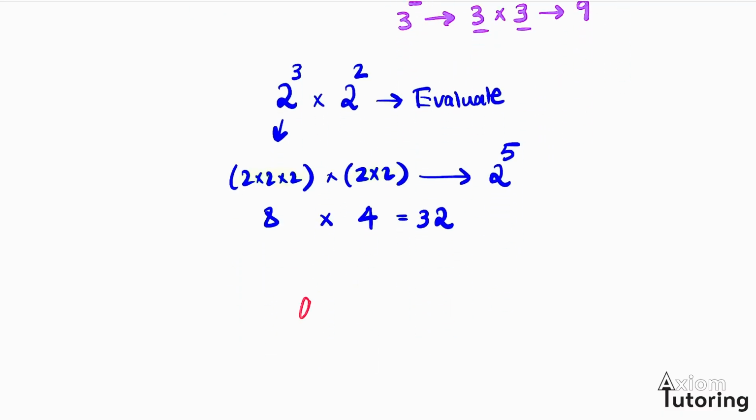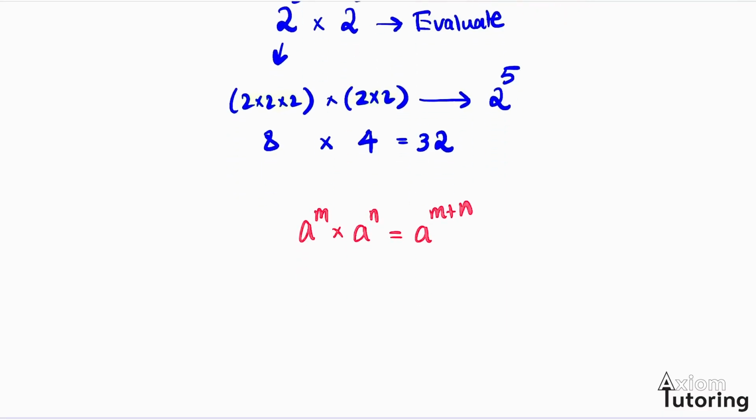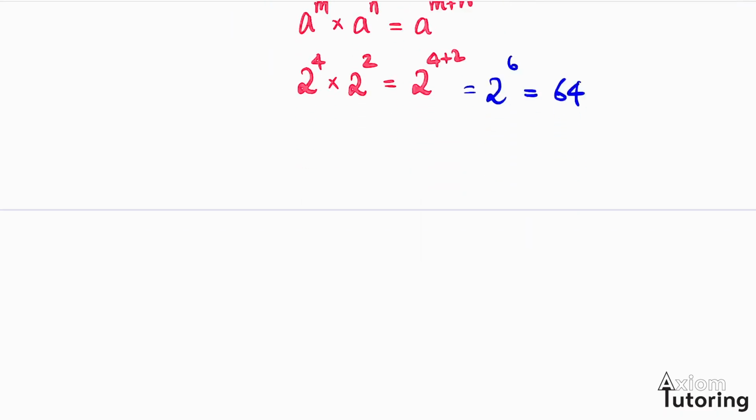A to the m times a to the n is a to the m plus n. 2 to the power of 4 times 2 to the power of 2 is 2 to the power of 4 plus 2, which is 2 to the power of 6. And if you were to multiply that out, it would equal 64.